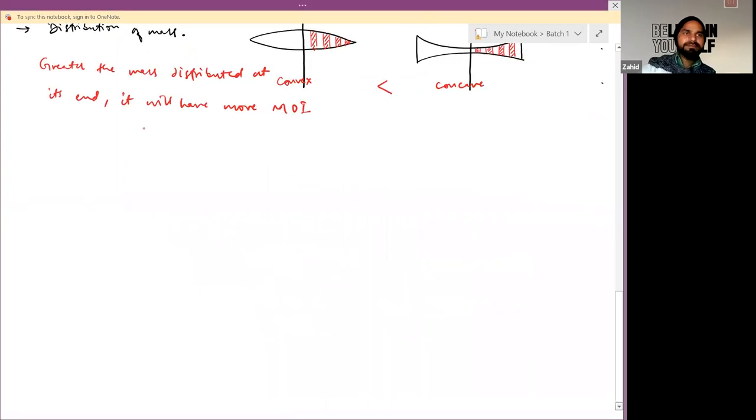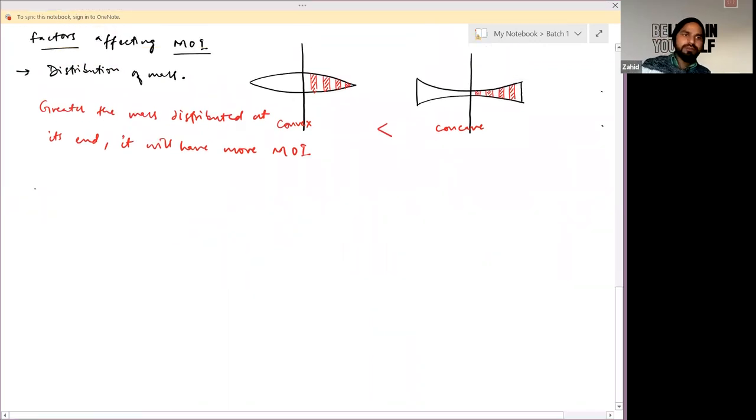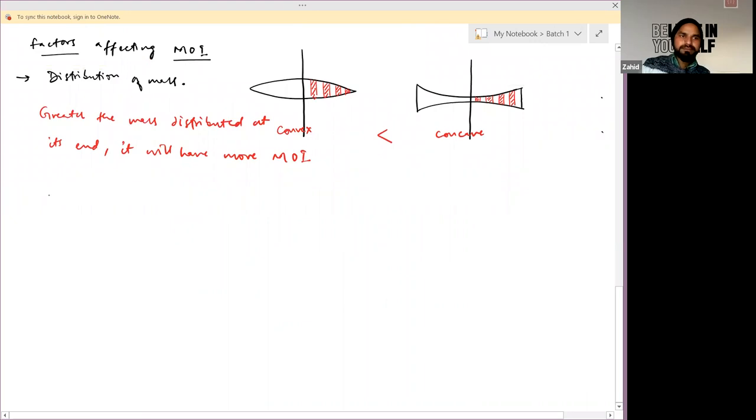Next is position of axis. Position of axis of rotation.